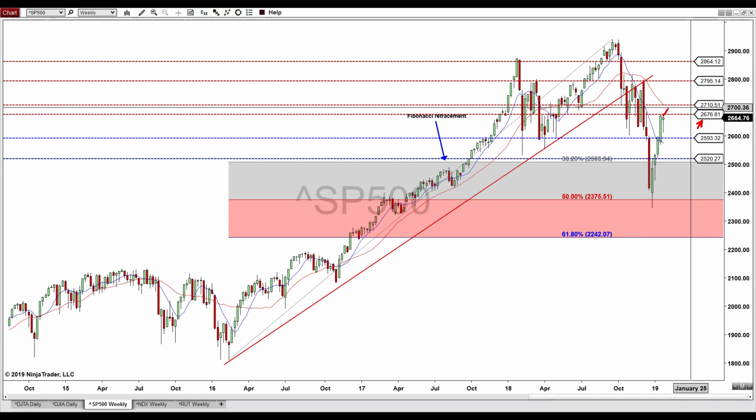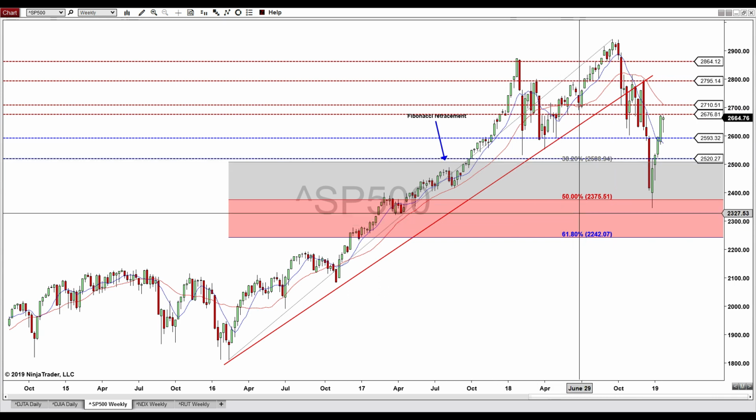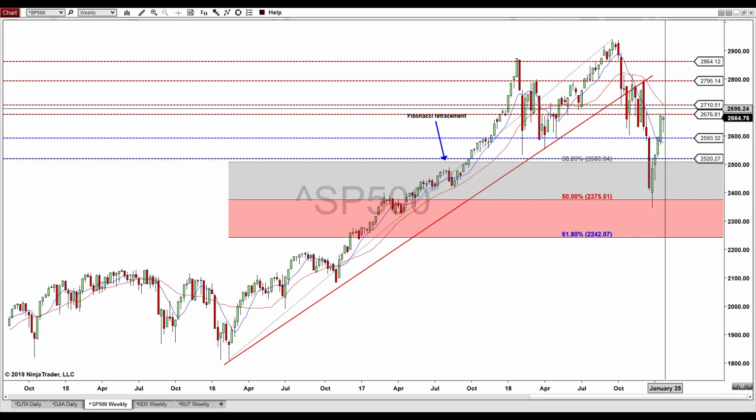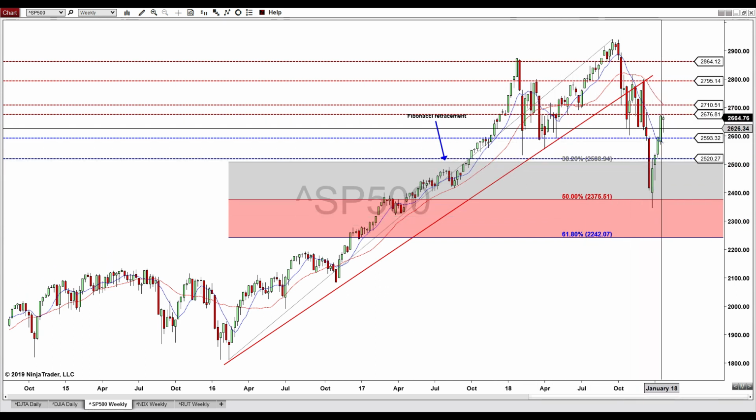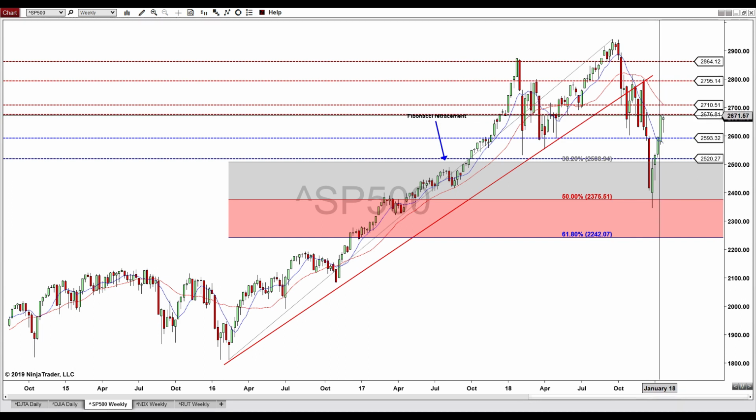Basically looking for this thing to move up, break through and get into this 2710.51, and then maybe we get a little bit of a chop there. Again, it moved to this retracement zone and back into this potential resistance area here.